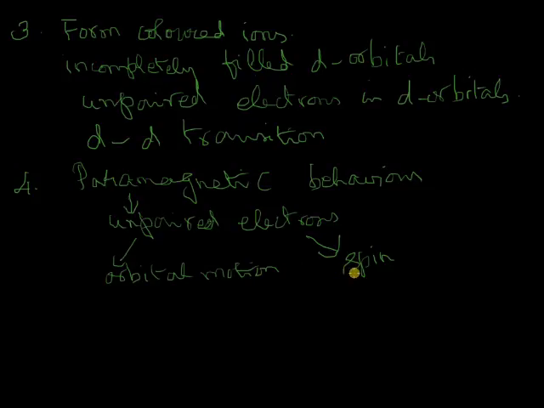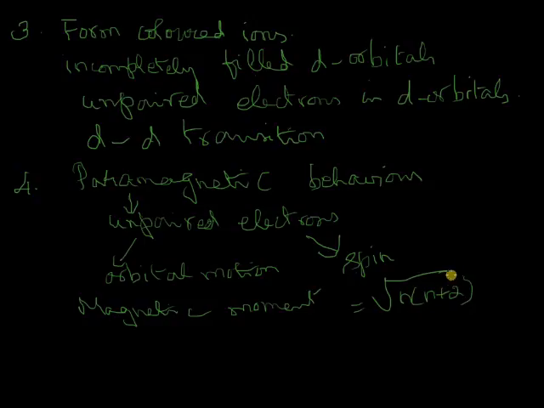When we consider the magnetic moment of the electron due to its spin alone, we call it spin only magnetic moment, which is given by the formula root of n(n+2) Bohr magneton. Bohr magneton is the unit for that, and n is the number of unpaired electrons.